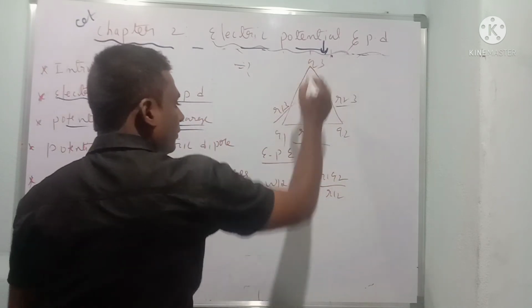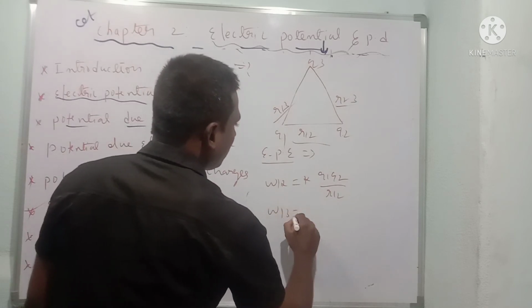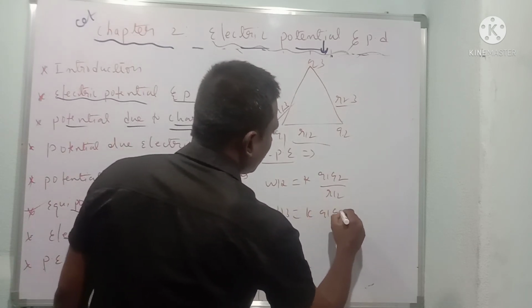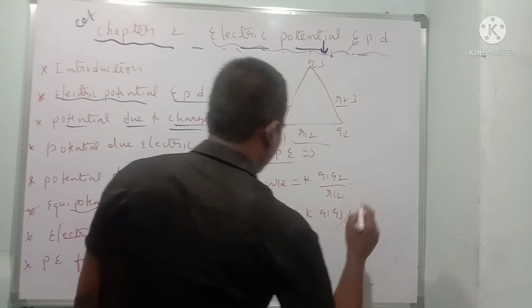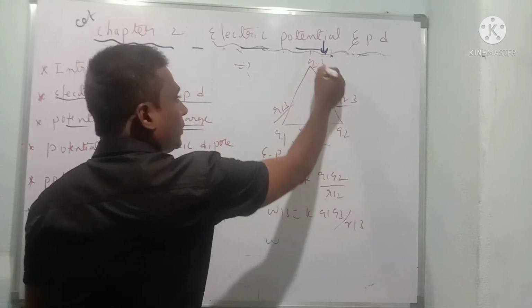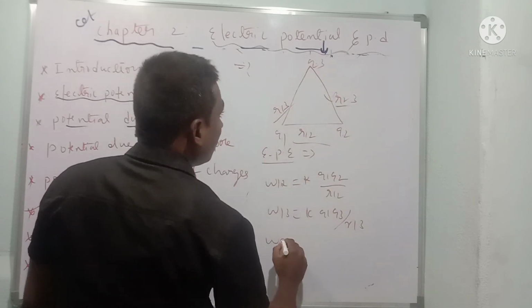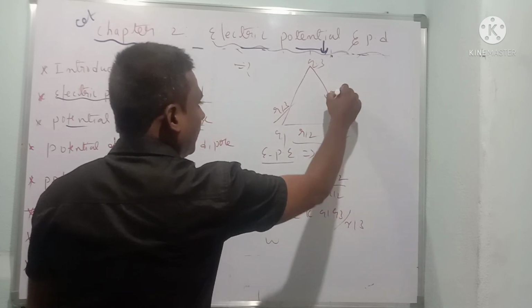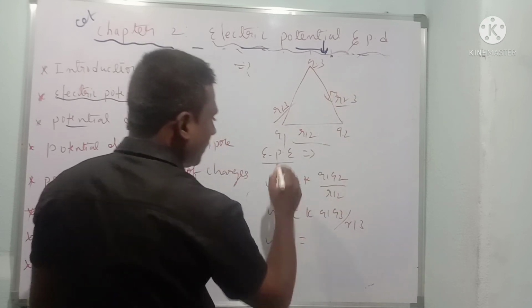Similarly, for 1 and 3, W13 is equal to K Q1 Q3 divided by R13. Similarly for 2 and 3, the potential energy W23.